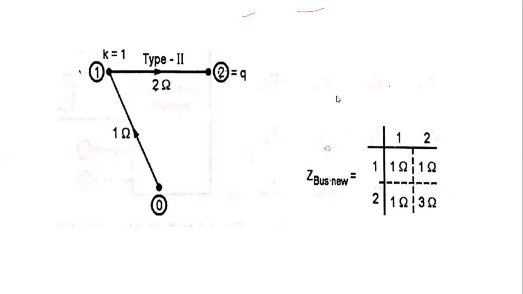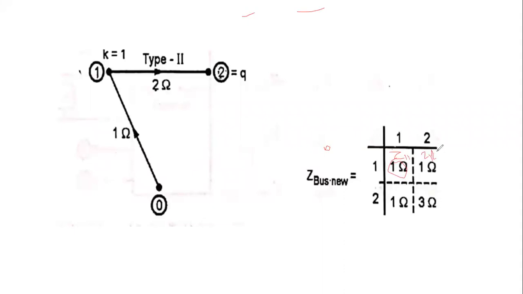What is the procedure for finding the Zbus new matrix in the type 2 modification? This is the Zbus old matrix, that is Z11. Next this is Z12.